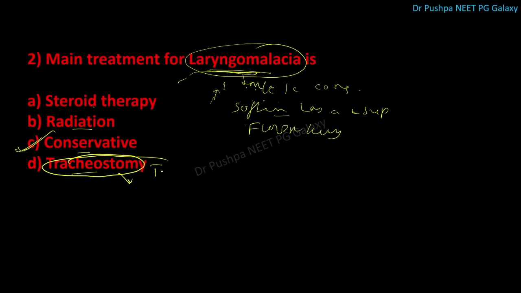It is to create an airway by creating a hole in the trachea. The most common site of tracheostomy is between the second and third ring, because if you do tracheostomy above the level of the second ring, there is high risk of necrosis. So the most common and best site is between the second and third rings.